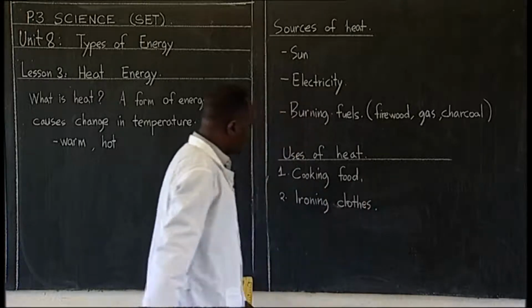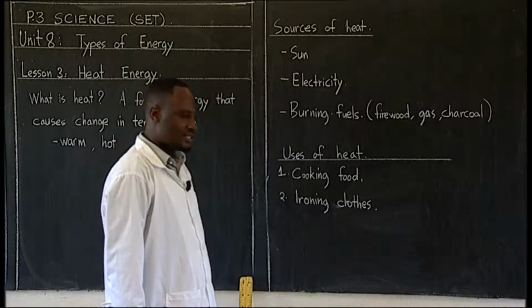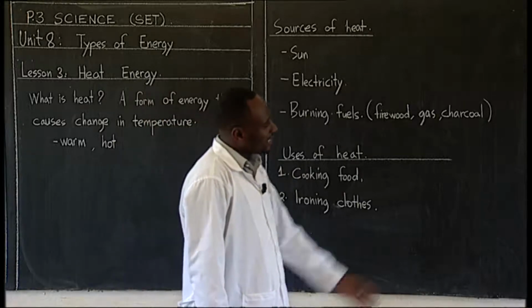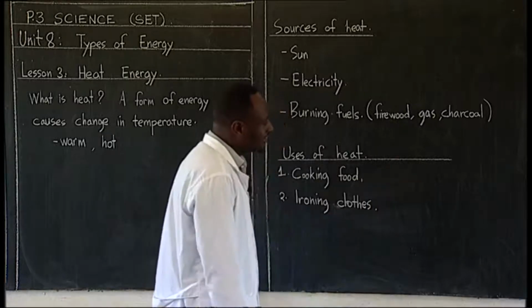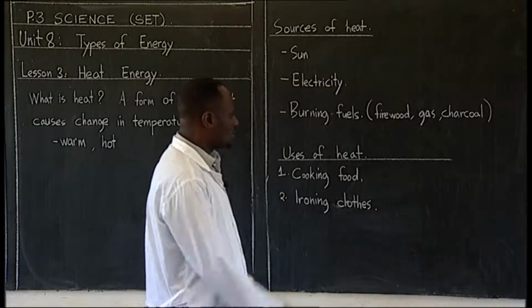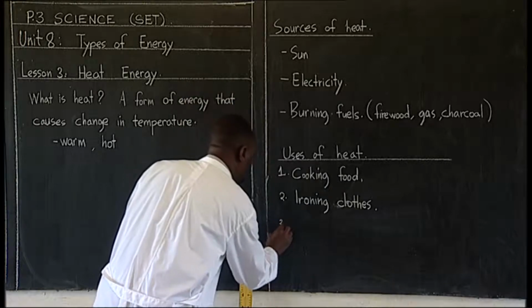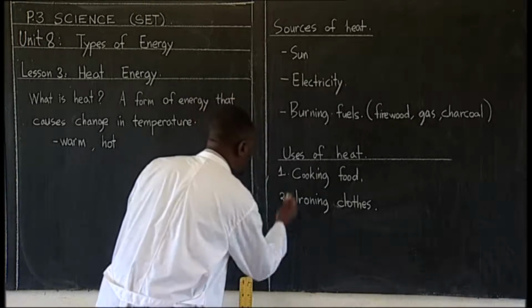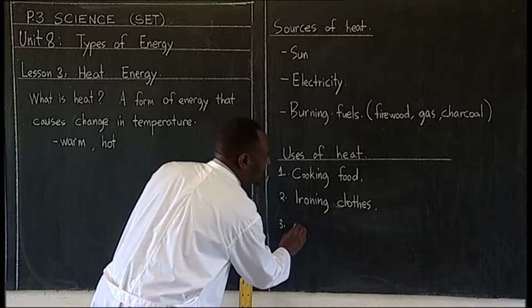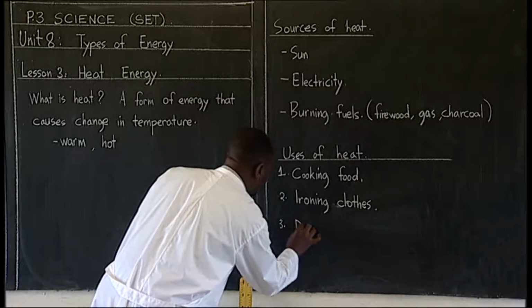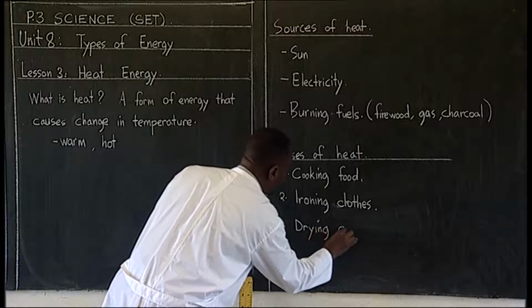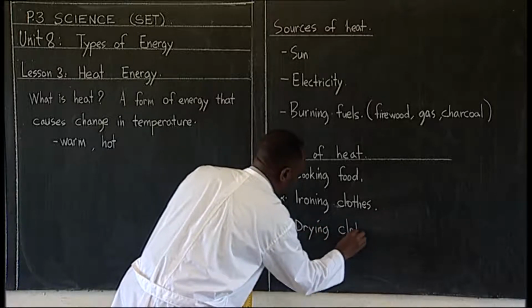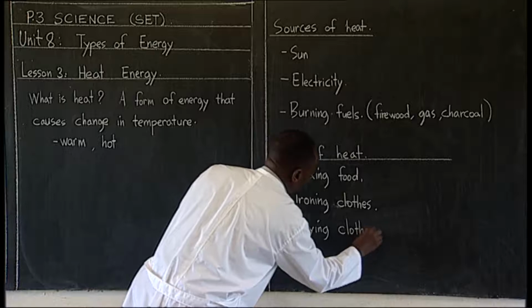Heat is also used in ironing clothes. From picture number 3, we see the sun drying clothes. So we can simply say that the heat is also used in drying clothes.